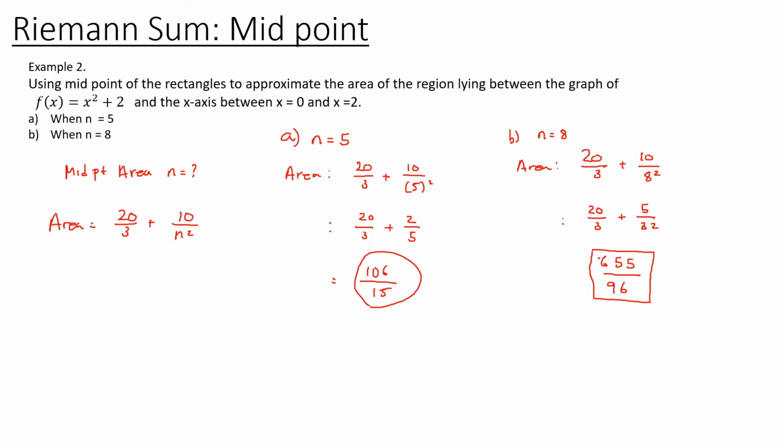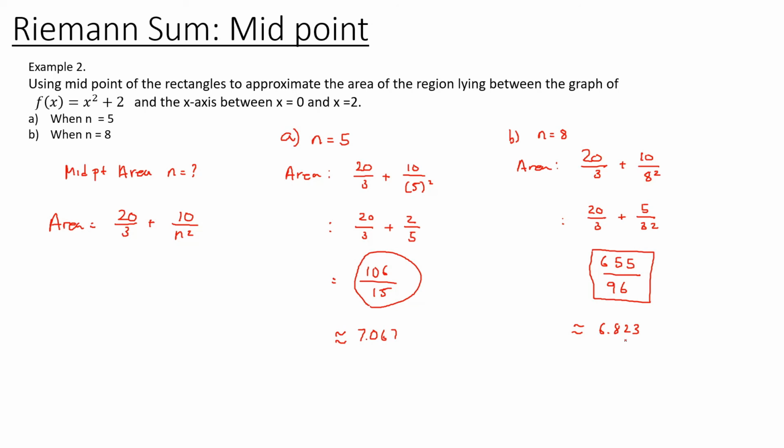106 over 15 is approximately 7.067, and 655 over 96 comes out to be 6.823.